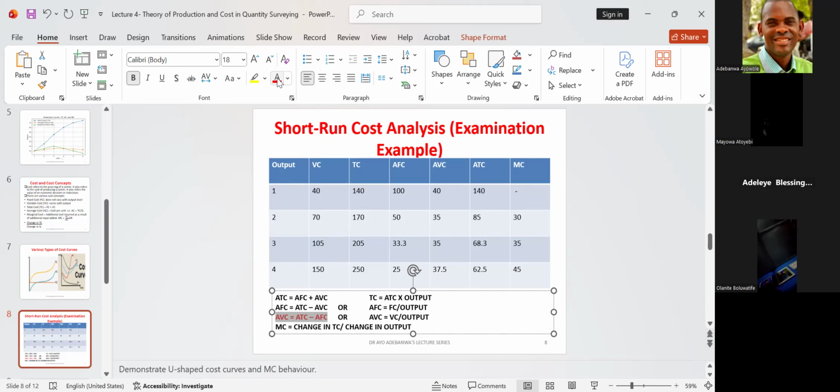So from there now, 170, you see it under total cost. But the fixed cost is not here entirely. Now I have average fixed cost here. So let me create a column.